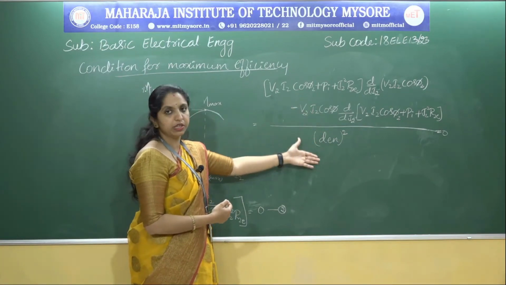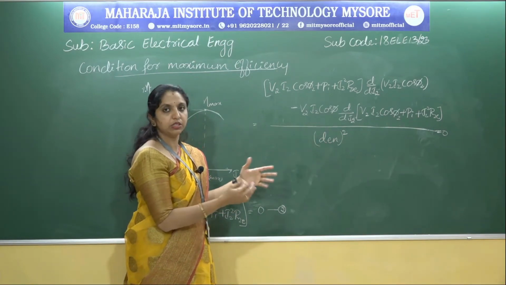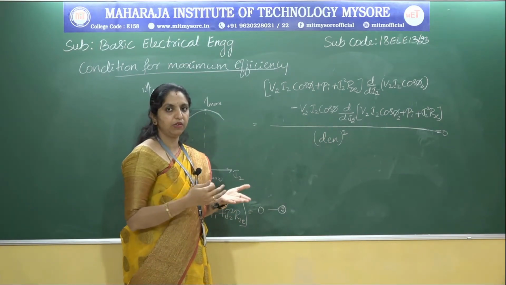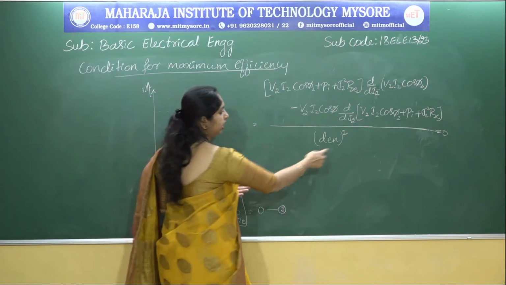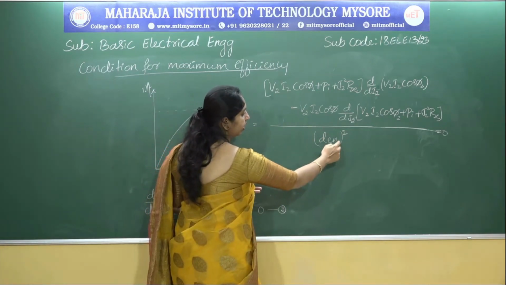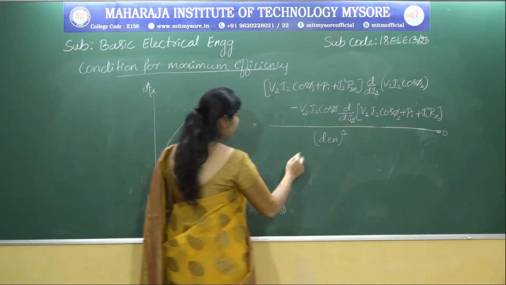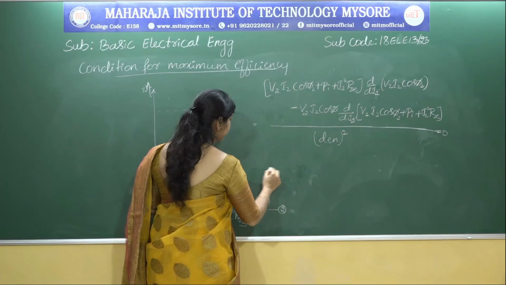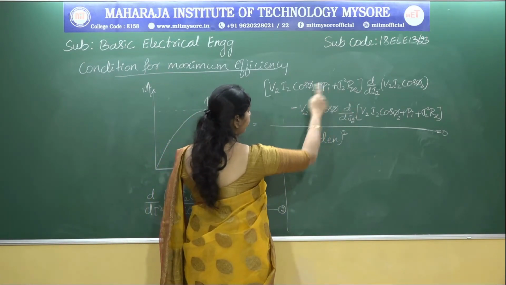In du by dv we had v square in the denominator, and since the whole expression equals 0, we don't get this term, and in the next step we get only the numerator term.